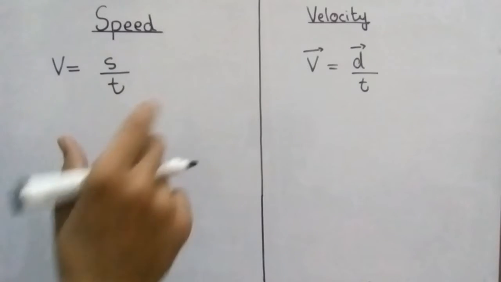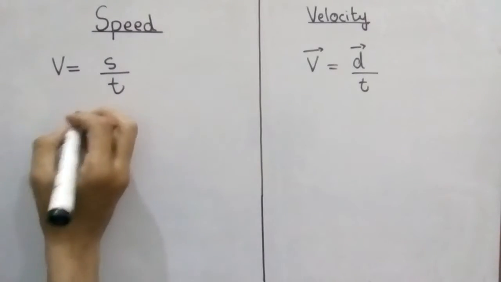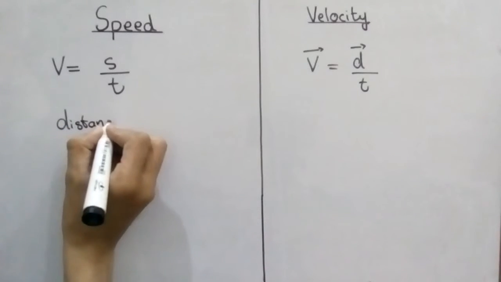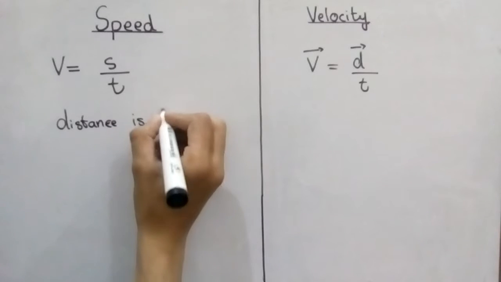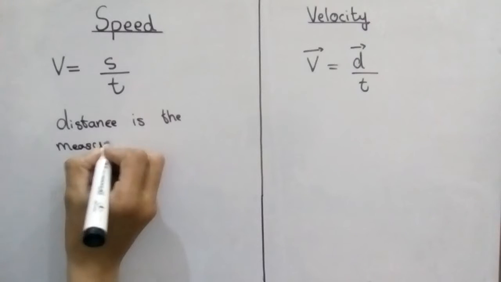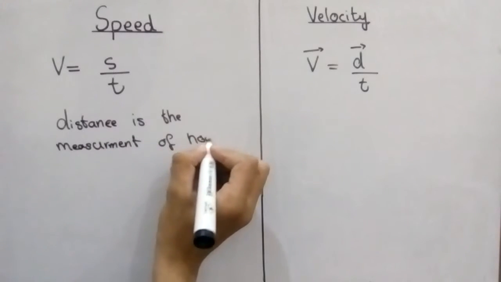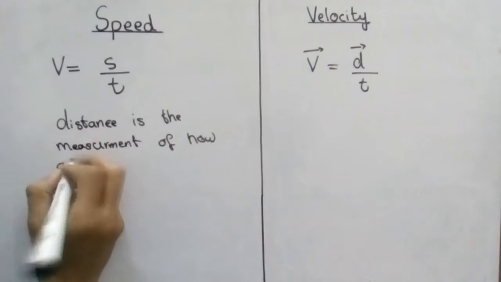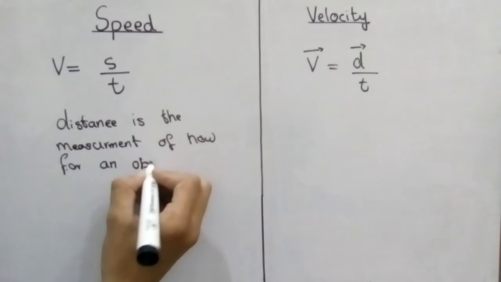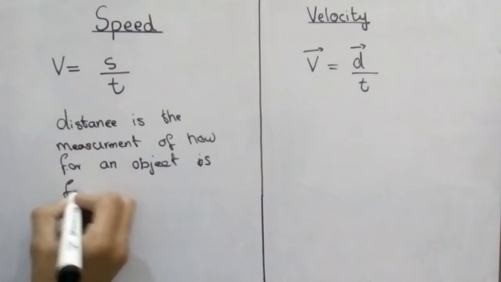So to understand this, we will now explain distance and displacement. So distance is the measurement of how far an object is from another object.